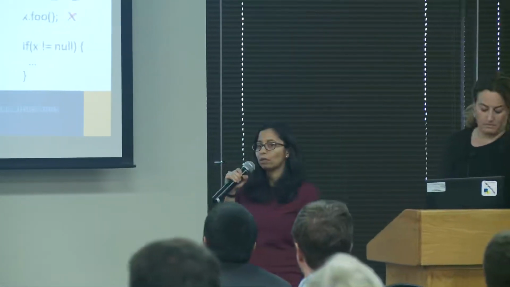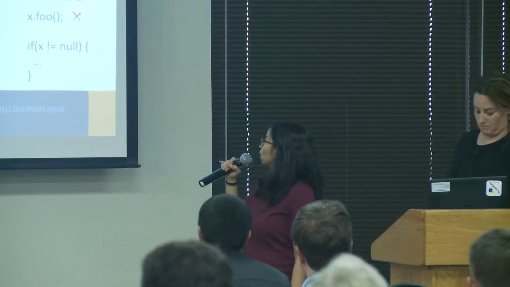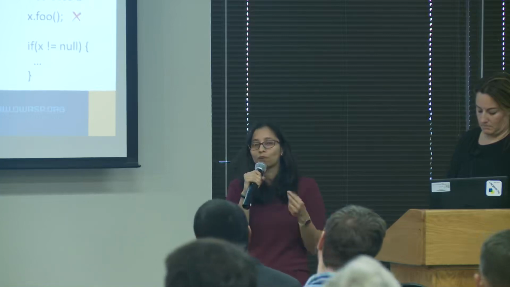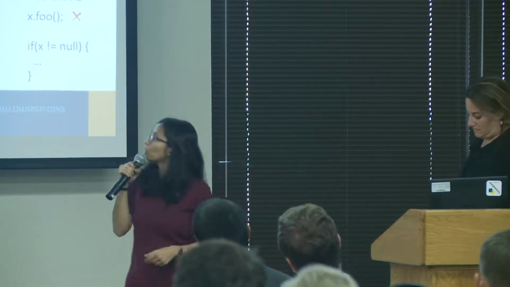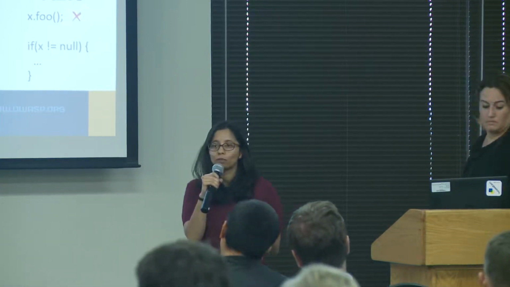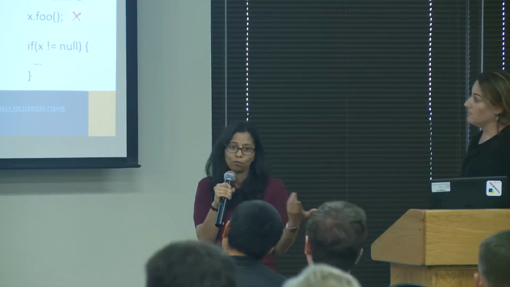That's fine. If I run the SaaS tool on this, it's not going to report any bugs. But if you look at use case 2, the programmer forgot the sequence and called function foo on x before even checking for null, right? So these control flow analyzers are pretty good at finding these kinds of operations where the programmer may have forgotten to add a null check before using it.